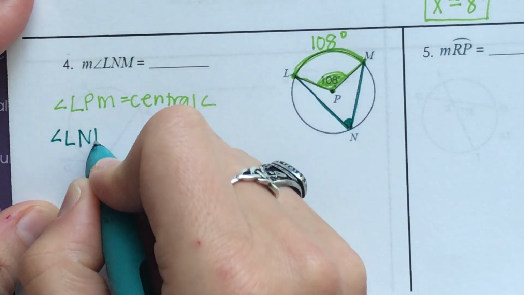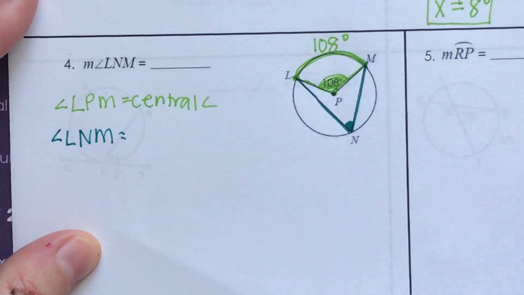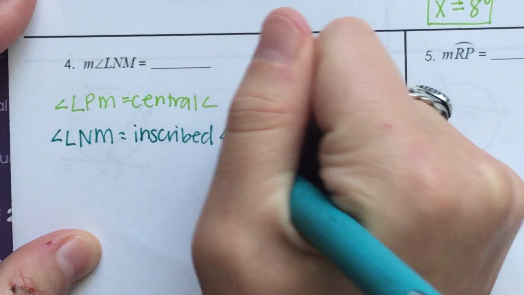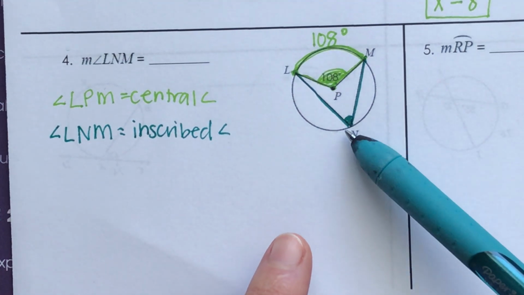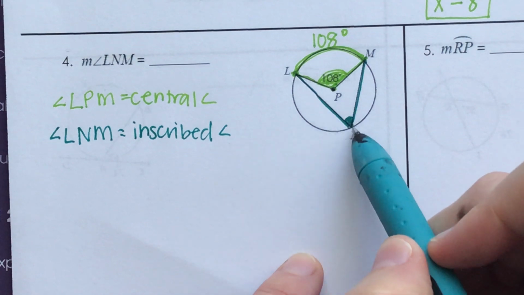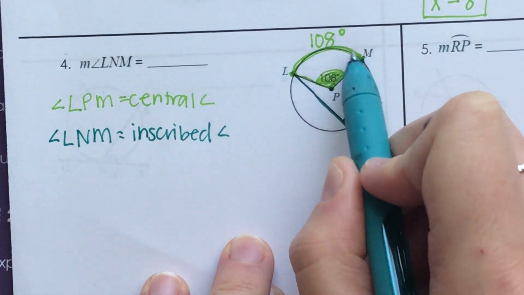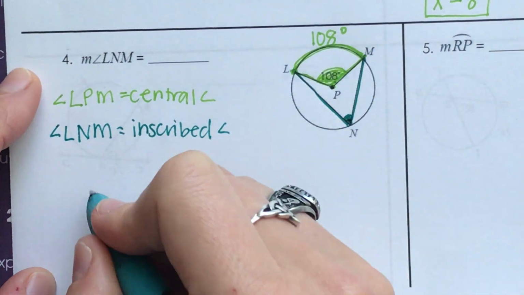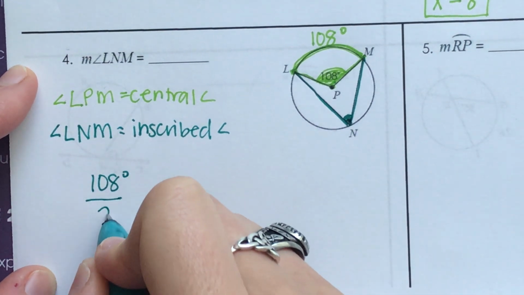Angle LNM is an inscribed angle. It's on the inside. If I remember back from our last section, an inscribed angle is half of the arc measure. So if my arc measure is 108 degrees, to find this angle, I'm going to take half of it.